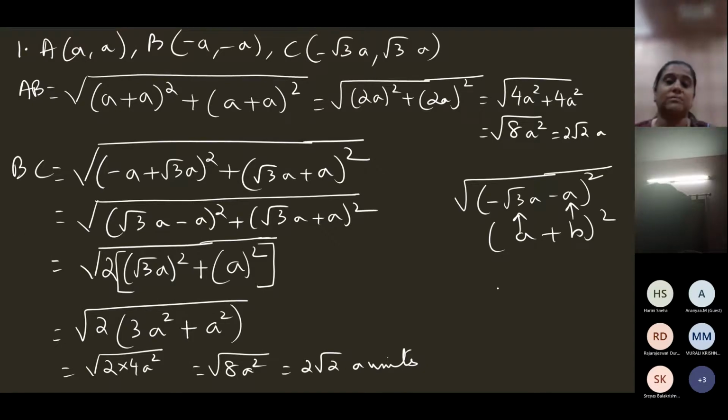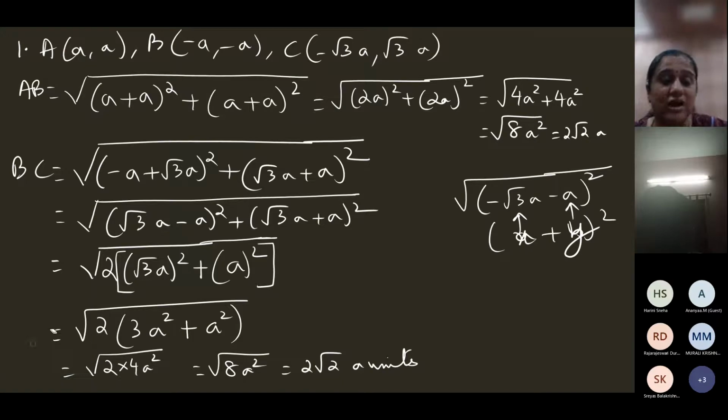B is minus a. Or I'll say x and y. X is minus root 3a and plus y is minus a. So if you expand this using the identity x plus y the whole square, your x will be minus root 3a and y will be minus a.